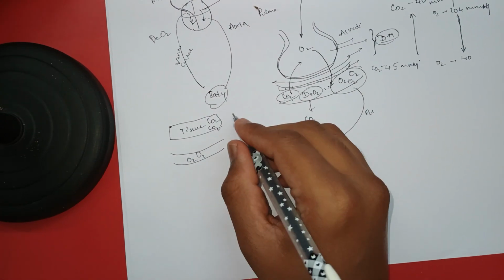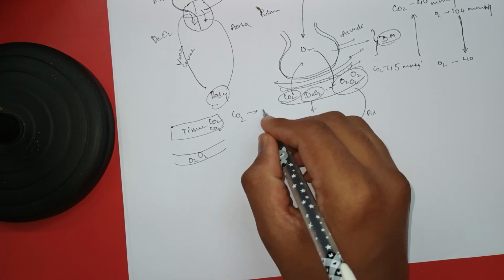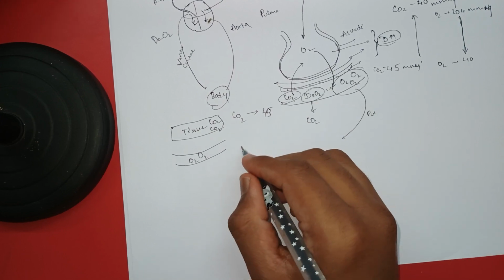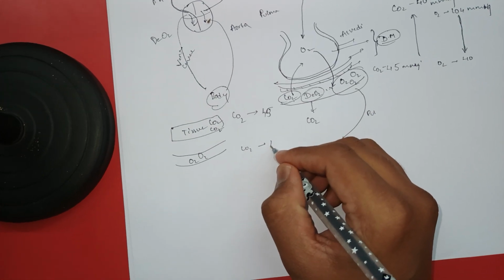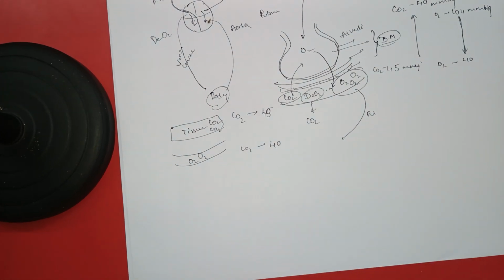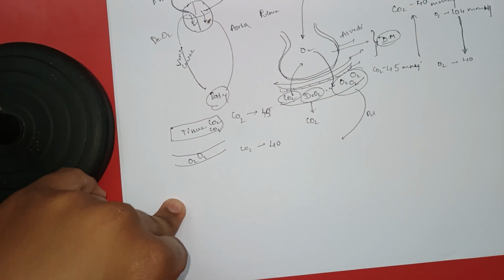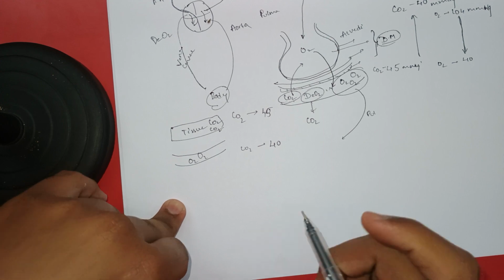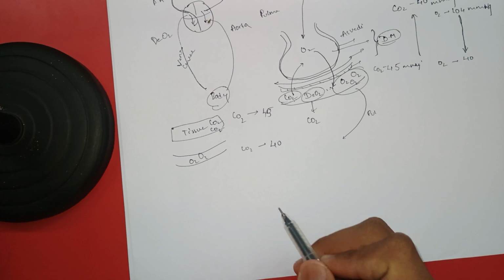The partial pressure of carbon dioxide in the tissue is 45, and in the oxygenated blood it is 40.